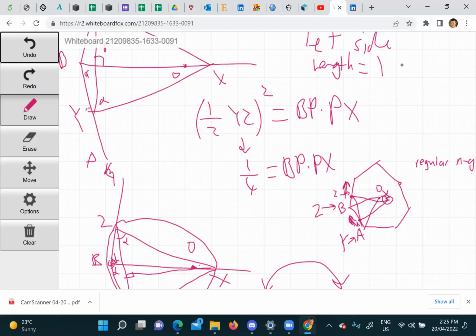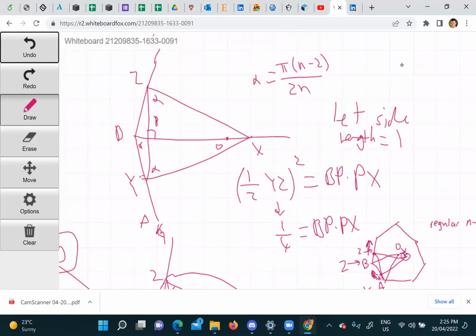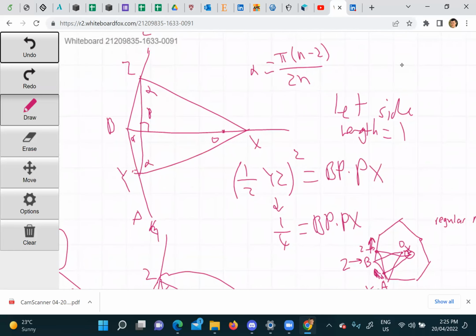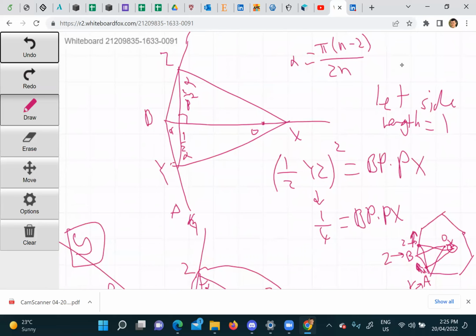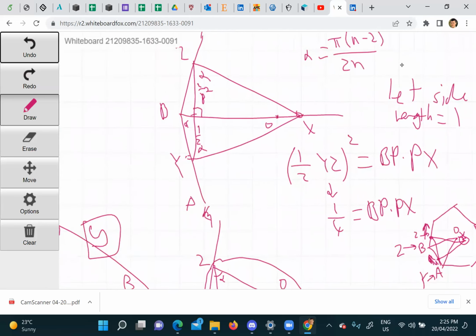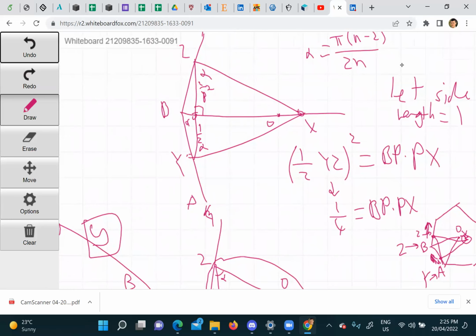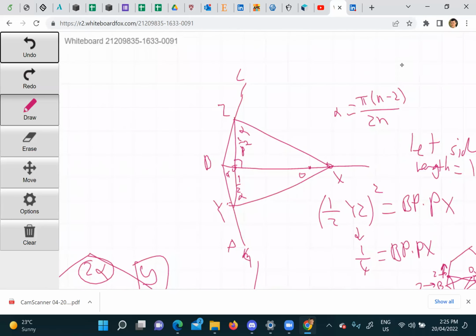Now, we can literally just figure it out, right? Because this is half, half. So this length here is just the sine.